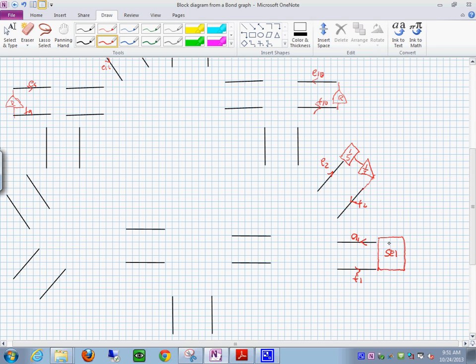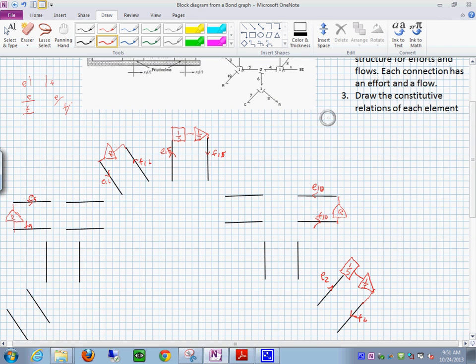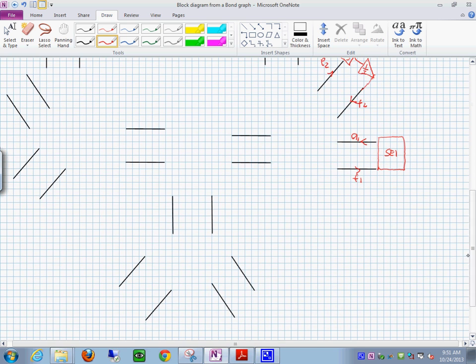So in here basically we have the source. I'm just going to use this notation because to know that this is not a transformation of a signal F1 into E1, but rather is a source of E1. So this really is a signal that is 0, in fact. So in here we have bond number 7 and number 8. The R element has E sub 8 as the output. So it would be this one right here, E sub 8, and this would be F sub 8.